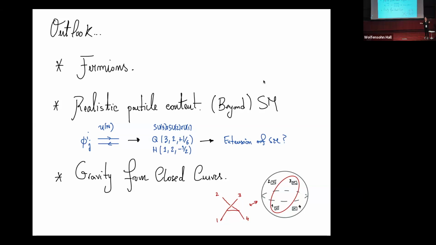Those are not very interesting for trace phi cube, but they become extremely interesting if you allow massive trace phi cube. There you do have some interesting statements. For the other theories, I haven't thought too much about it. For the NLSM, I know Carolina and collaborators are thinking a little bit about how they can use these shifts to give masses in an interesting way, but I haven't thought too much more about it.